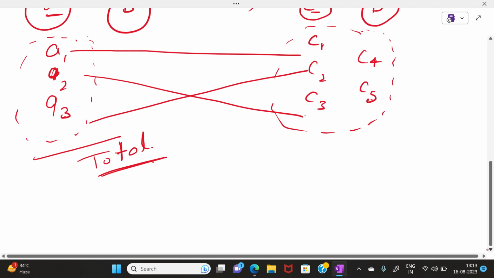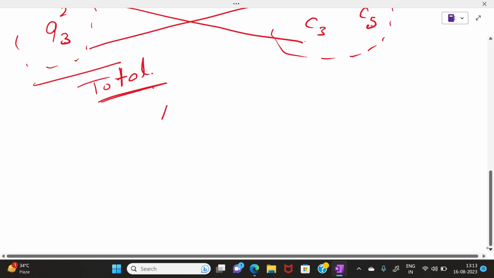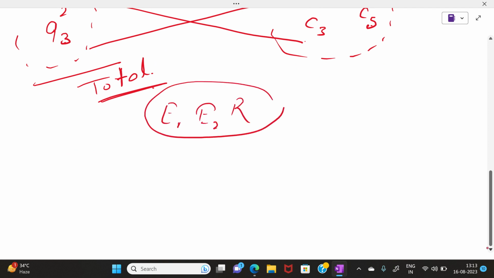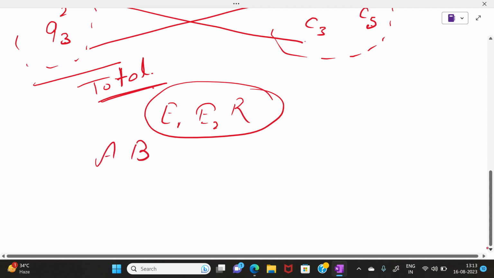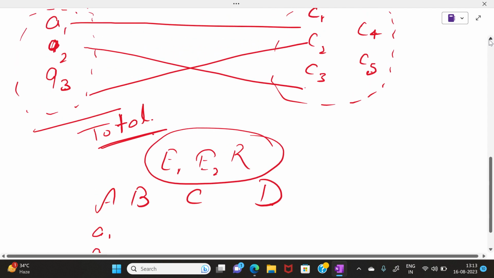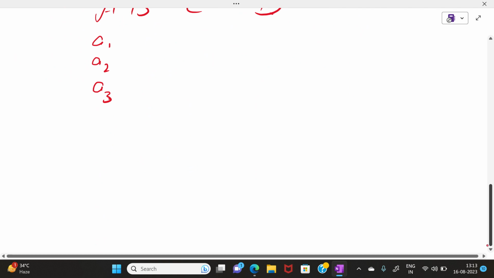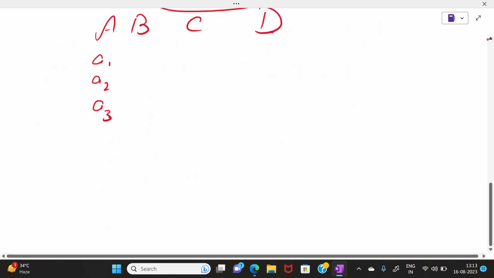Now what we can do is combine them as one diagram like E1, E2 and R. Definitely it will have the attributes A, B, C and D. So values of A equal A1, A2, A3. A1 is related to C1, A2 is related to C3, and A3 is related to C2.